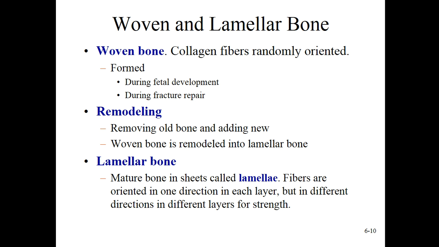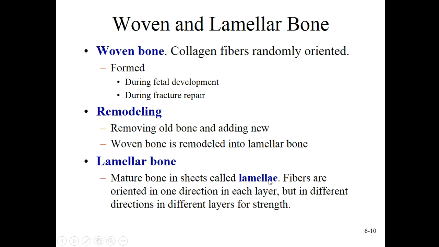Here we see that the osteoblasts can make the bone in a couple of different ways. The woven bone is sort of a temporary phase that we see during fetal development and during fracture repair. Over time, the woven bone is remodeled into what we call lamellar bone.